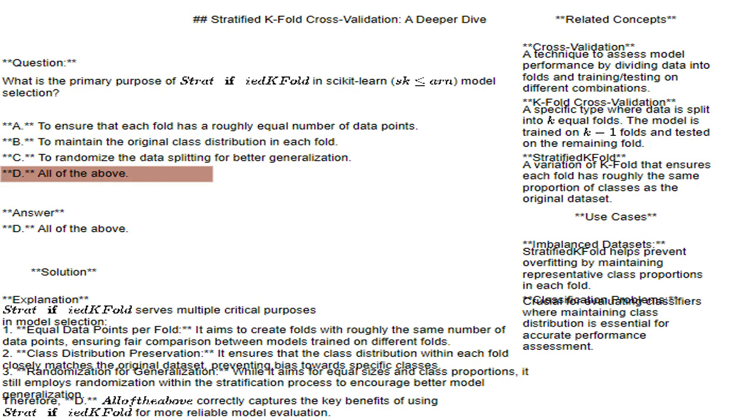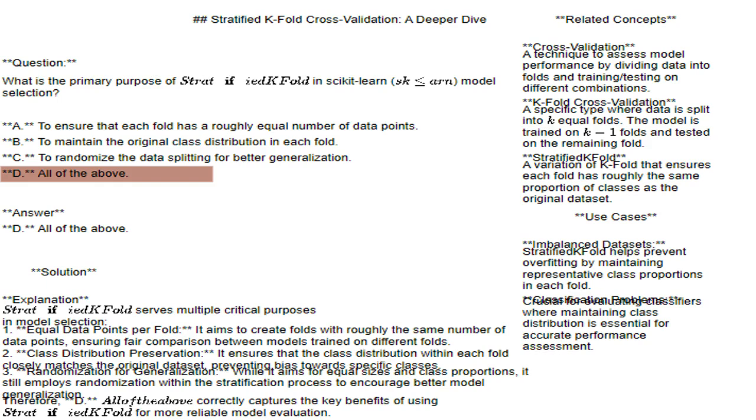The primary purpose of stratified k-fold is to preserve the class proportions of the original dataset within each fold. This is crucial for handling imbalanced datasets and ensuring that models are not biased towards specific classes. This relates to class distribution preservation in the explanation section.